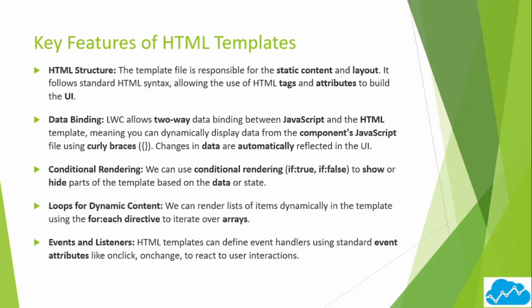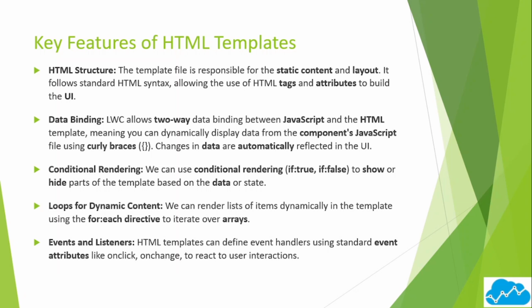Loops for dynamic content. We can render a list of items dynamically in the template using the for each directive to iterate over arrays. So for rendering a list of items dynamically, we can use the for each directive.